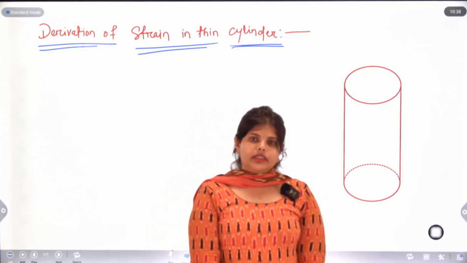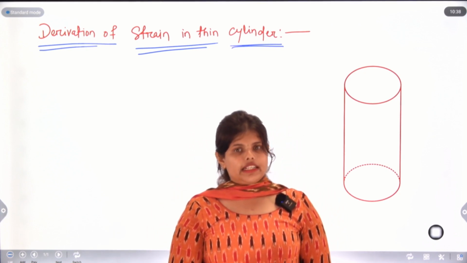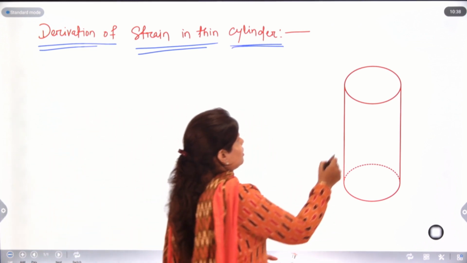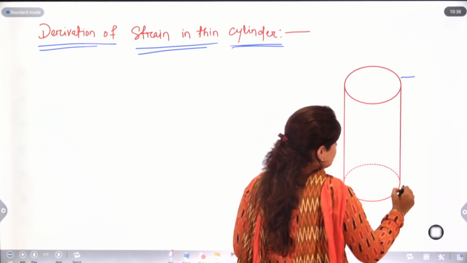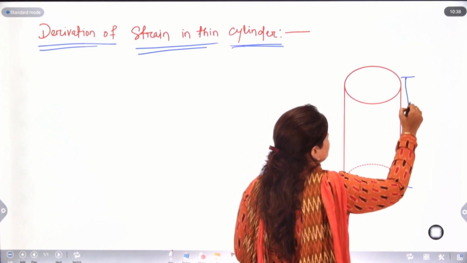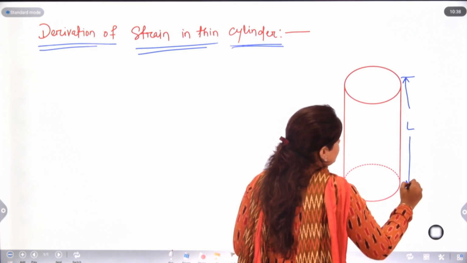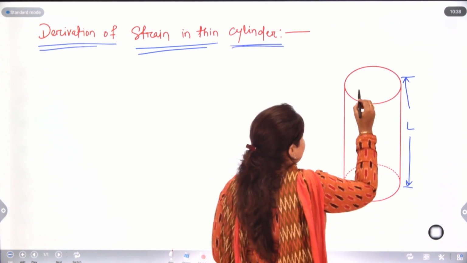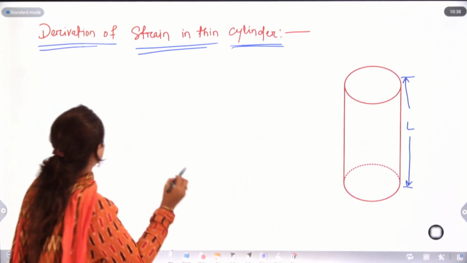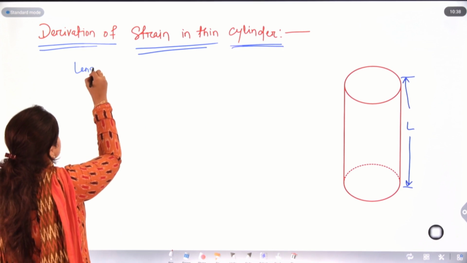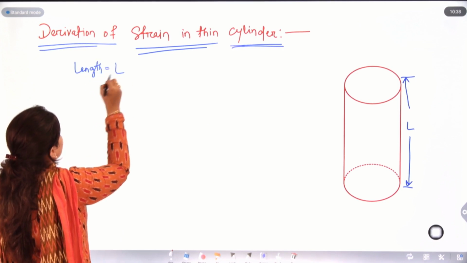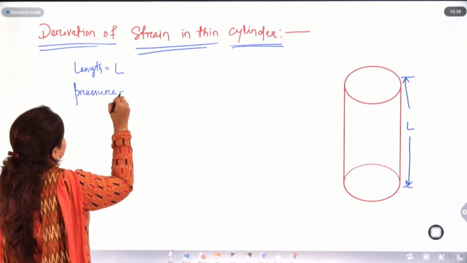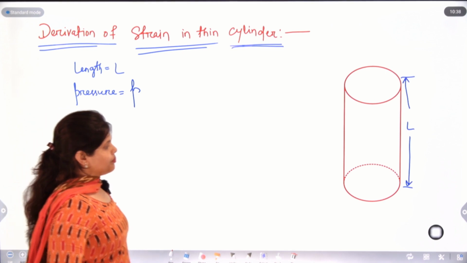In this class, we will discuss how to derive strain in case of a thin cylinder. Here is our thin cylinder, take its length as L. As it is closed with high pressure fluid, the inside pressure we will take as small p.